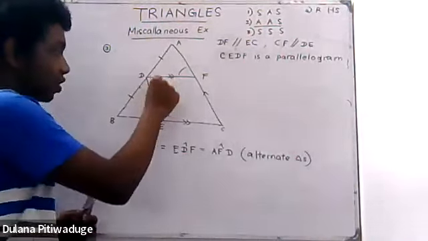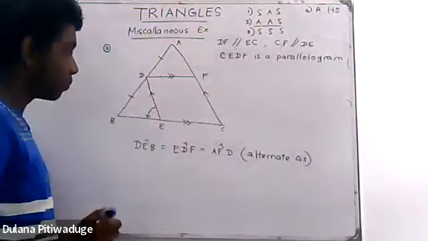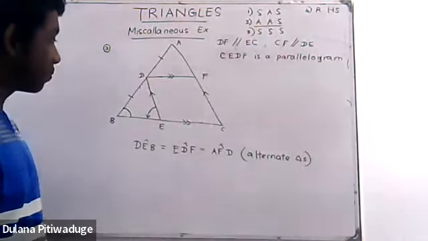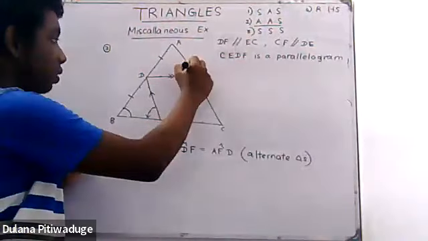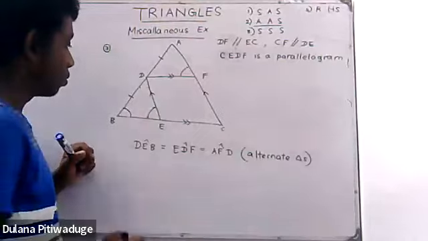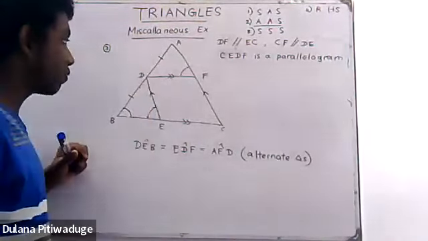Then we should find another angle pair that is equal. If you consider this angle over here and this angle over here, these two are equal. Definitely we should prove that these two angles are equal.